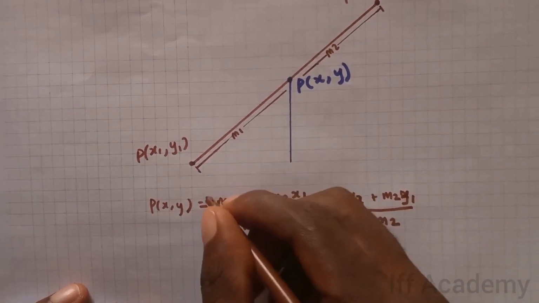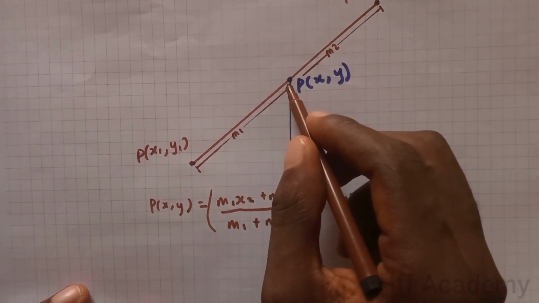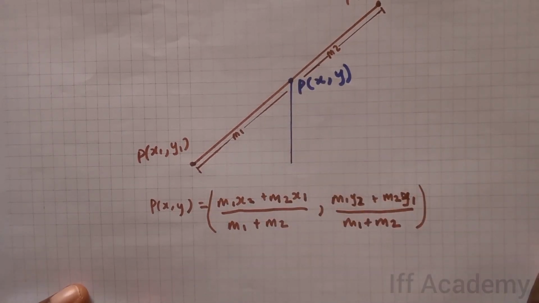So this is the coordinate of this point. Now let's look at some examples.